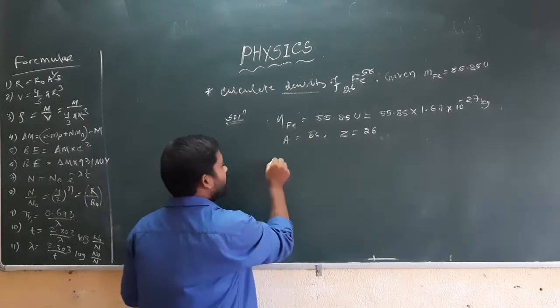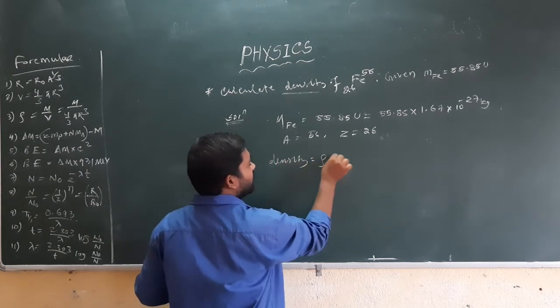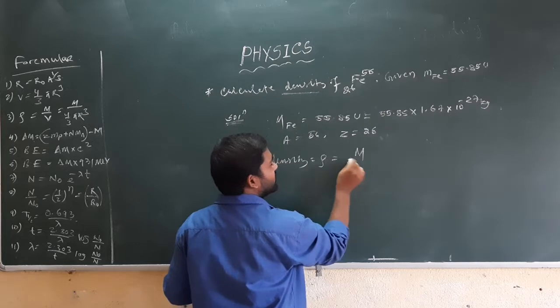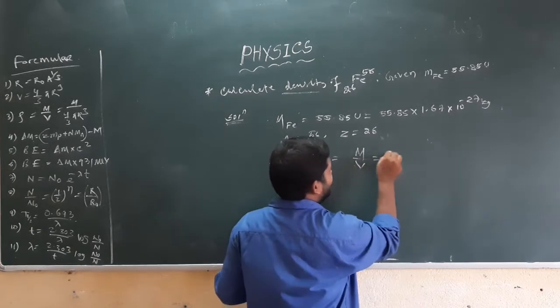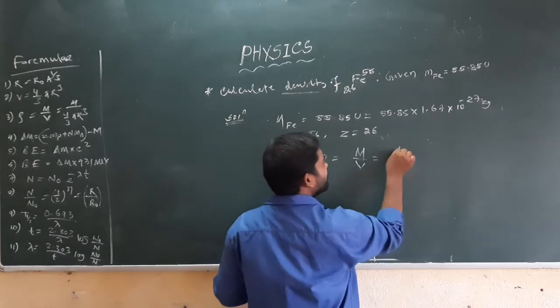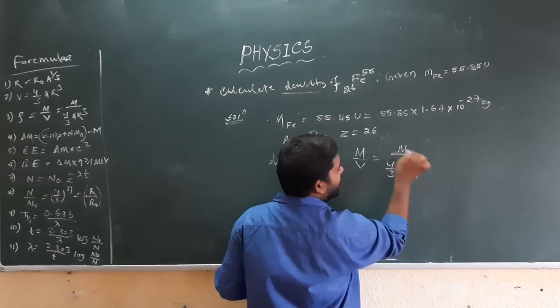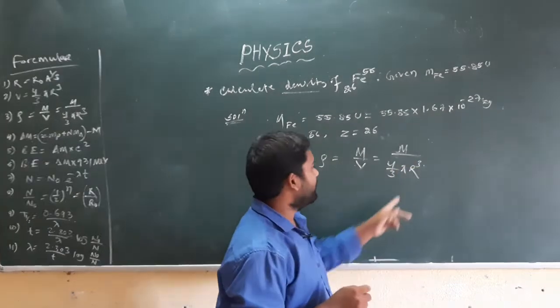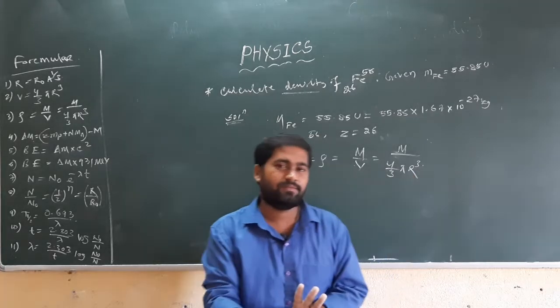The formula of density is rho equals mass divided by volume, and the given mass is the mass of iron. So rho = m divided by 4/3 pi r cube. But here r is the radius, and the radius is not given.